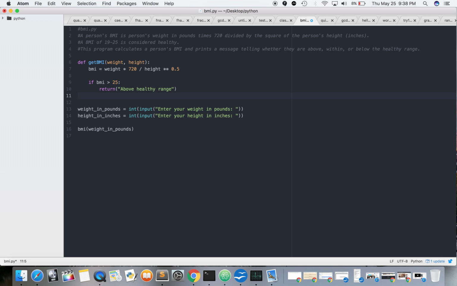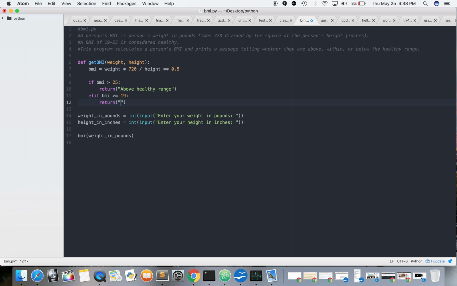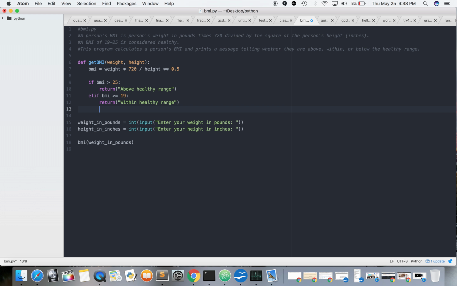I'm going to just put above, below. So if BMI is greater than or equal to 19, healthy range, else, which is going to be less than 19, below healthy range.